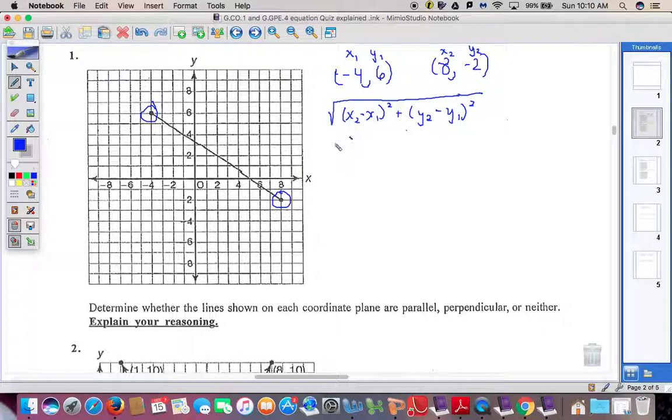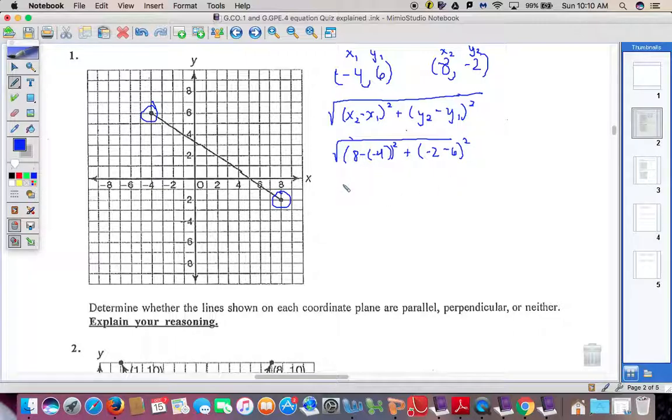Okay, so if we now substitute our numbers in, we've got that distance is equal to the square root of (8 minus -4) squared plus (-2 minus 6) squared.